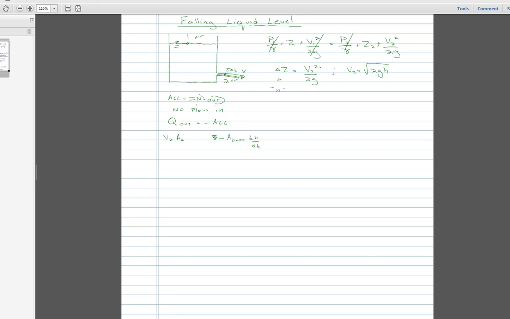And it was derived on the previous slide how we get the equation for the time it takes for the liquid level to fall a certain distance, where the tank area is taken into account. We have the square root of 2g, and the orifice area is taken into account. We want to find out how long it's going to take to fall from h naught to h sub t.